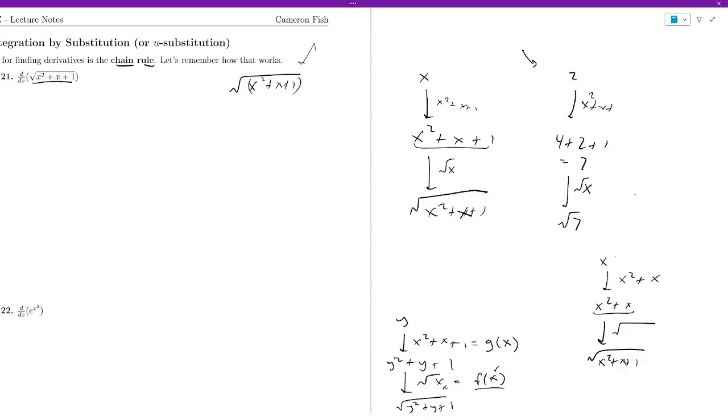So the answer is I'd have to do x plus 1 inside the square root. This means this function is take the square root of my input plus 1. X is just my input. Again, these could be y's here, or 2's. So if my input is x squared plus x, I'm calling that x for the second function.